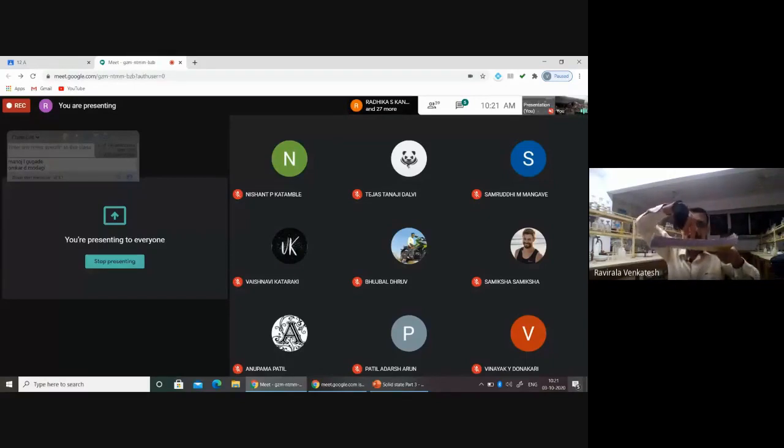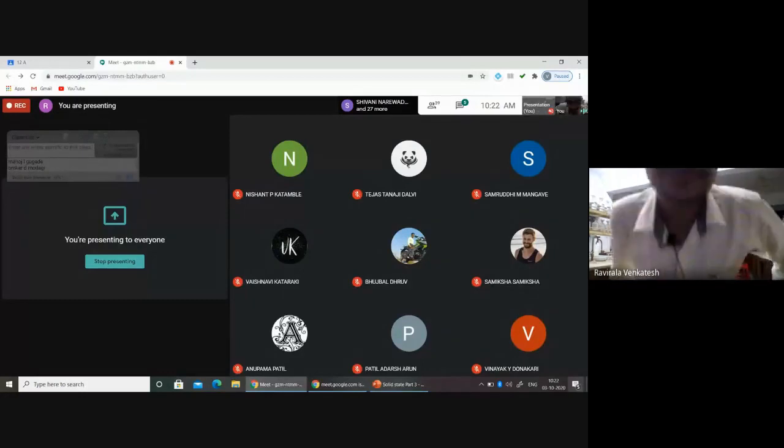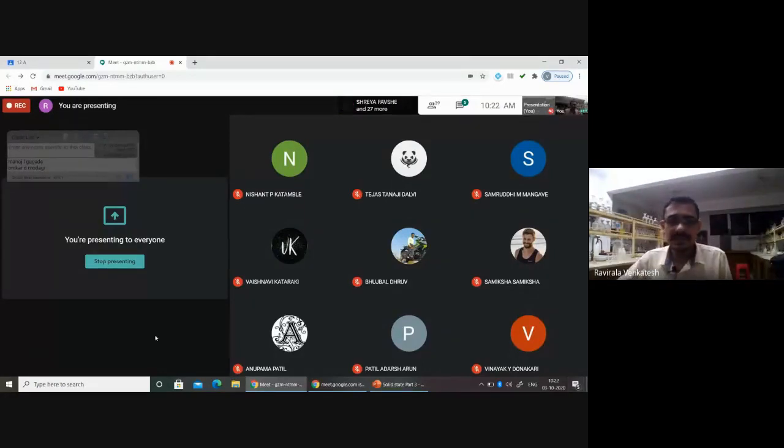Center of the top, bottom, center of the left side, center of the right side, and the center of the front side, center of the back side. So totally how many faces are possible here? 6 faces. We are going to observe here 6 faces are possible.